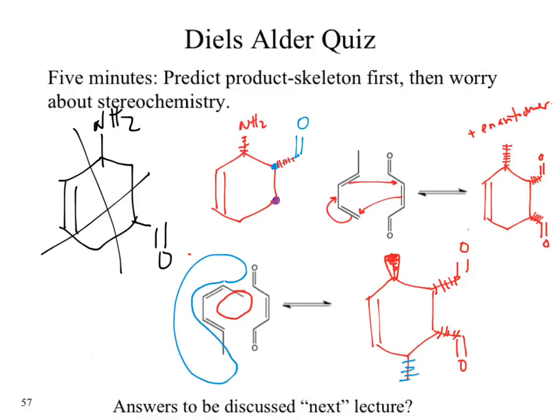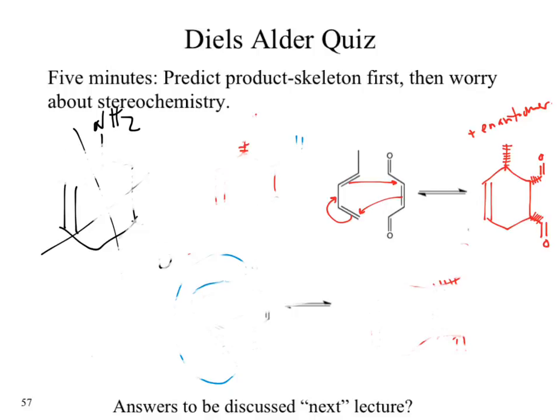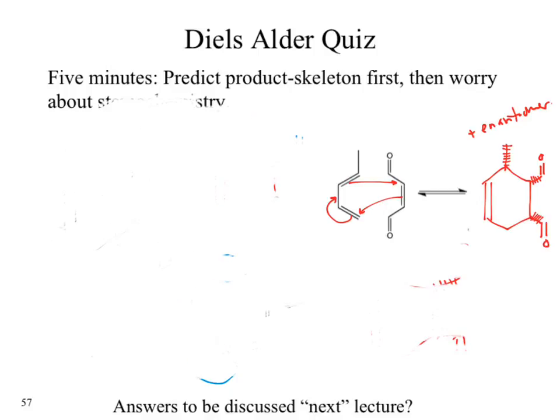As I dropped stuff. Yes? I'm trying to figure out on the second one, I think if the methyl should be up, the dienophile should be down.